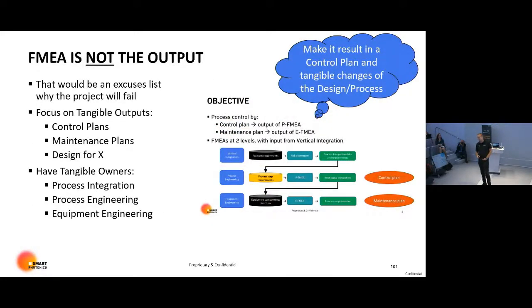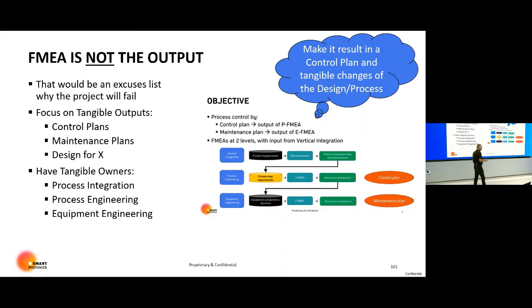Also, as mentioned, it's important: the FMEA is not the output. If that's the output of your business process, the FMEA is not used for anything. No one is going to read that huge Excel sheet. What it has to have is tangible output: control plans, very important, and maintenance plans.